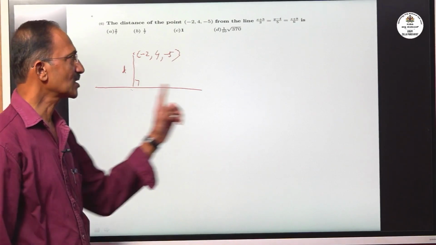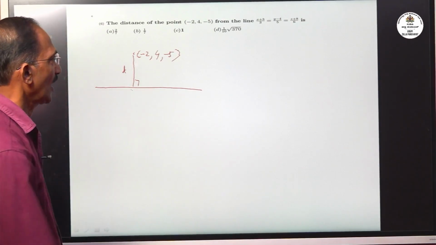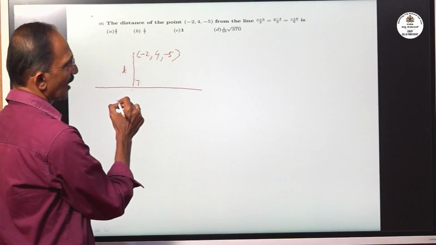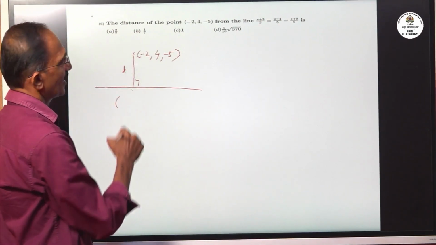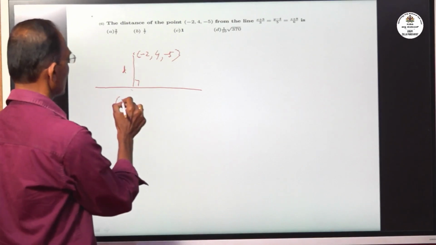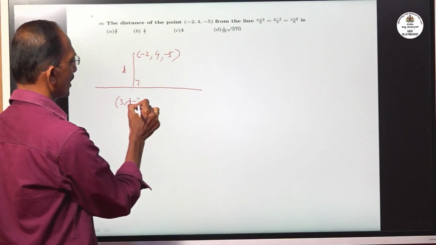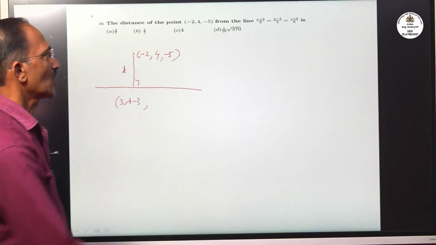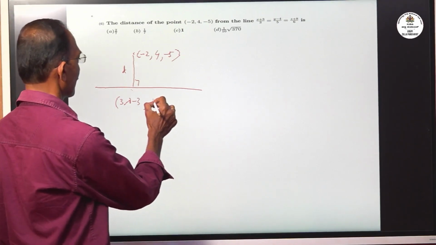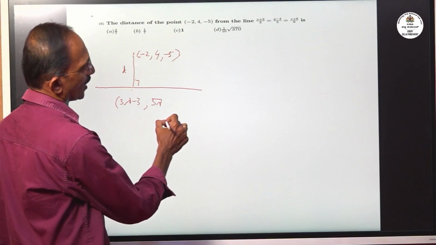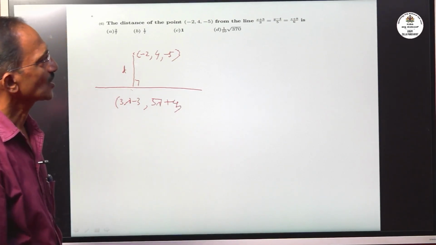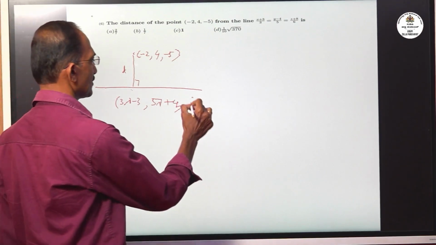So just consider the general point on the line. Equating the equation to lambda, you get the x coordinate as 3 lambda minus 3, the y coordinate as 5 lambda plus 4, and the next one 6 lambda minus 8.